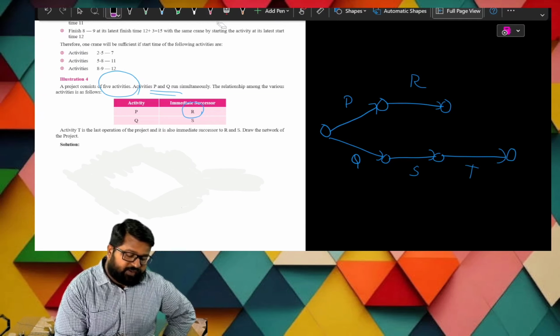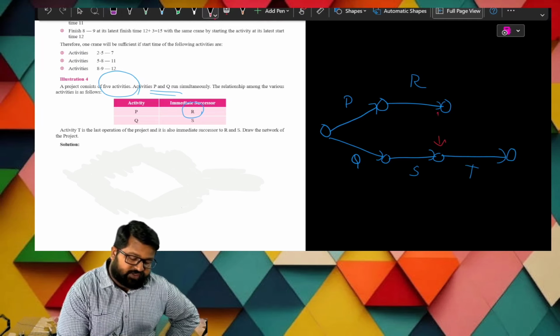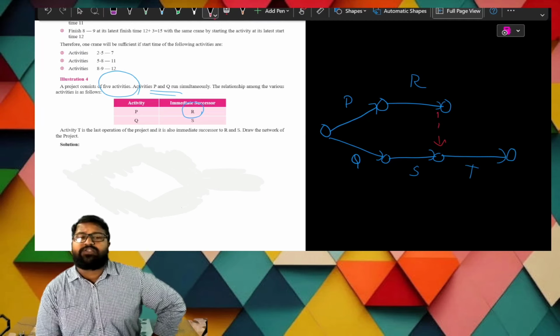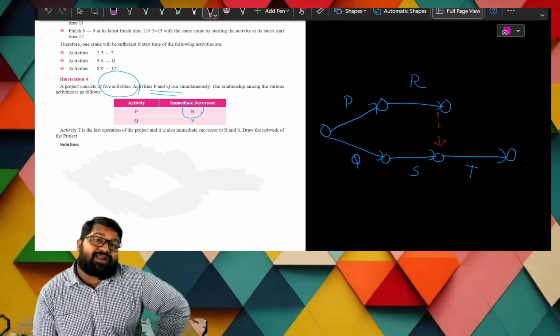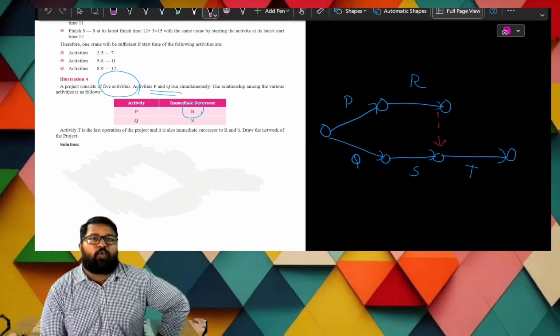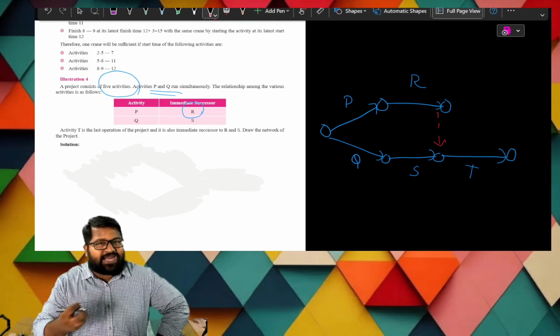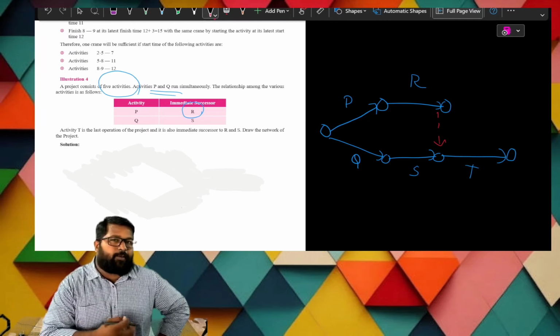And if I use a dummy to join this, is it right? Even then it is not right. Why? Are the conditions for dummy, case 1 and case 2, arising here? No. Is there any activity having a common starting point and common ending point?